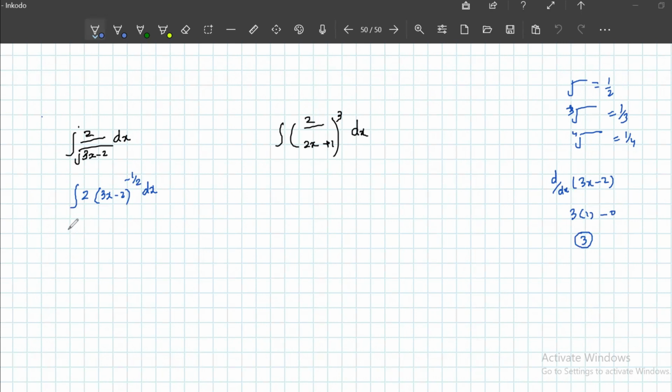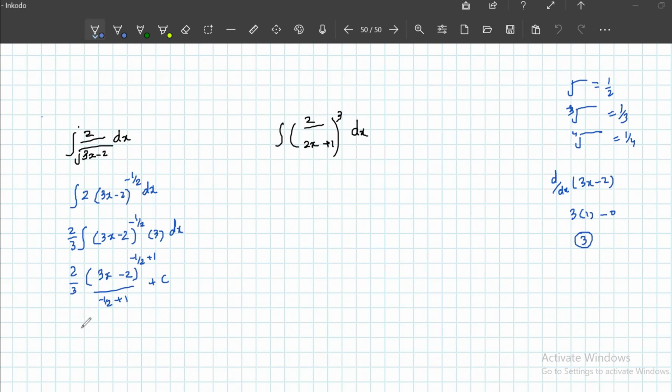So straight away we have to divide by 3 and multiply 3 as well, so that we can apply the integration on this function, 3 dx. And now after this we can say that it is (3x minus 2) power minus 1 by 2 plus 1 over minus 1 by 2 plus 1, and plus constant of integration.